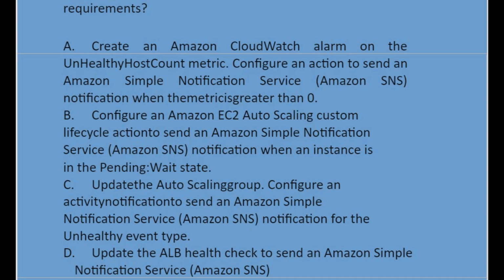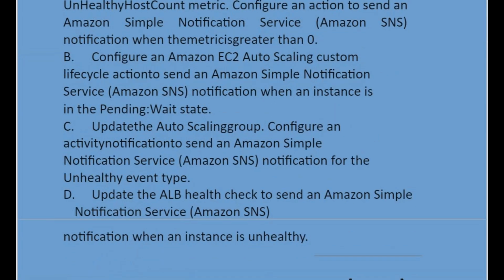Option C, update the auto-scaling group, configure an activity notification to send an Amazon SNS notification for the unhealthy event type. Option D. Update the ALB health check to send an Amazon SNS notification when an instance is unhealthy.